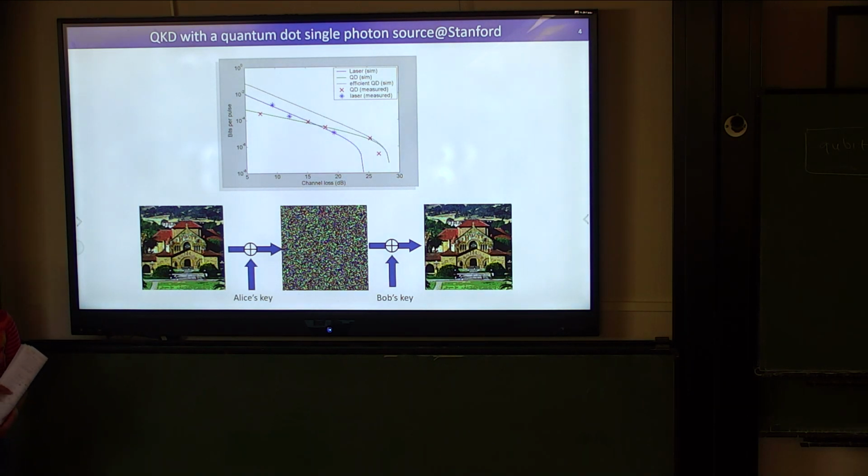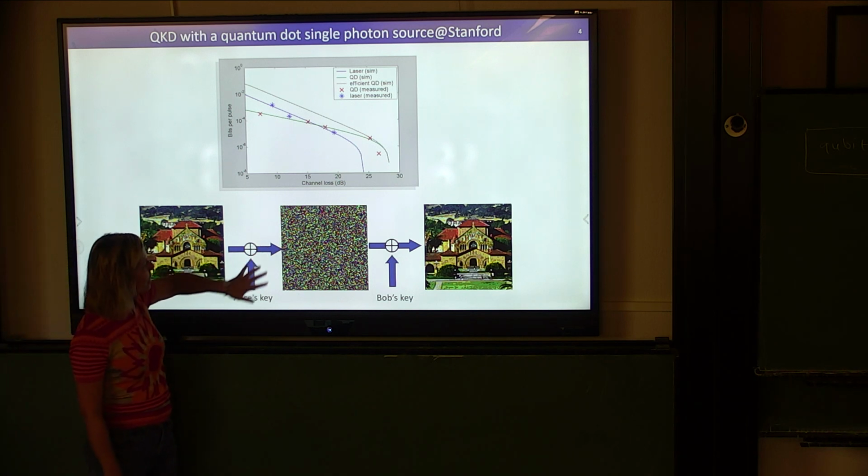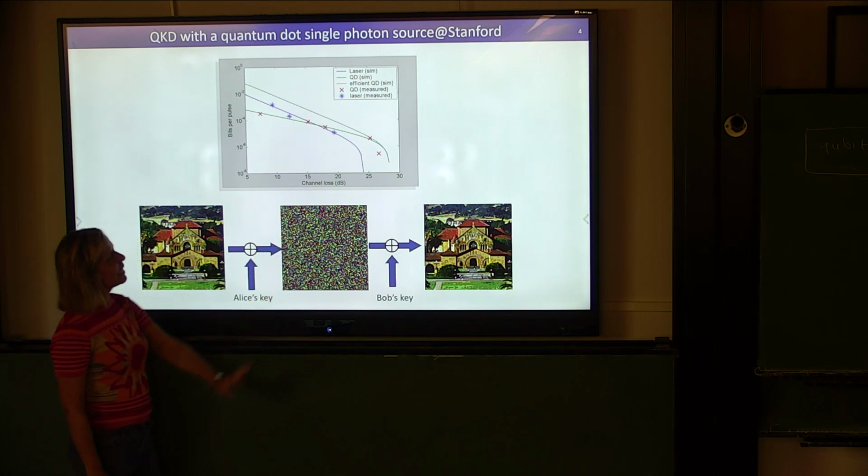He was just literally finishing his work when I arrived, and he had done this demonstration with a one-time pad with keys generated by this quantum dot setup. This is the Stanford campus, the Memorial Church, and with Alice and Bob, he had created this picture.